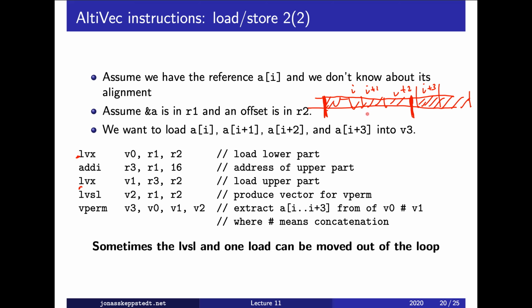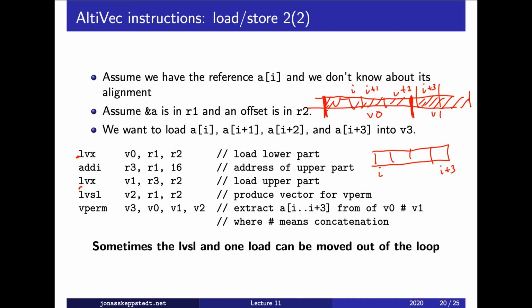So V0 goes in here and V1 goes in there, and then we shift using this vector permute and put the result in vector 3, and it will contain exactly I through I plus 3. That's what we want to achieve. That's what we use vector permute for, to shift them a suitable number of bytes.